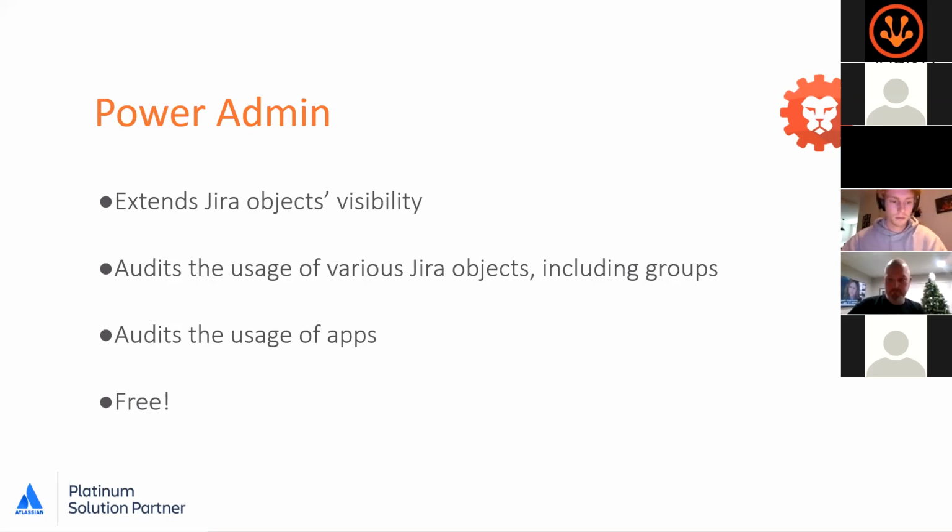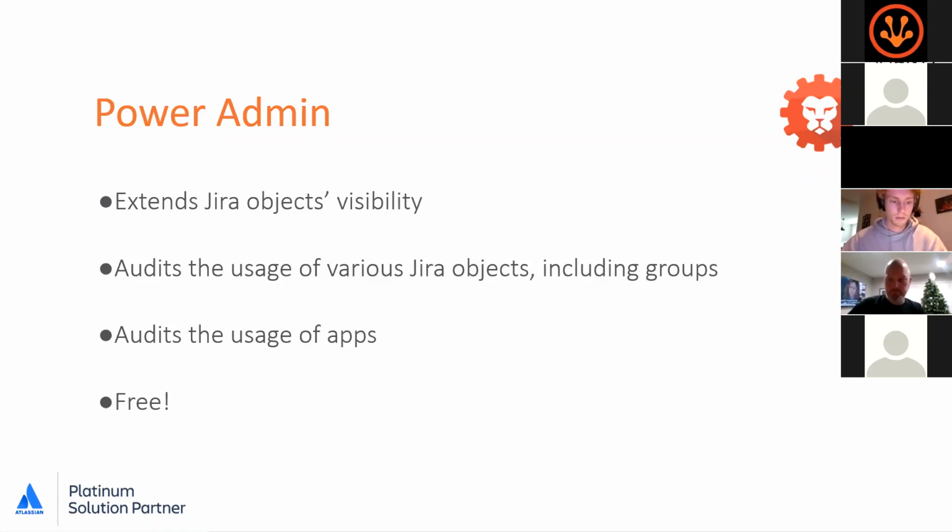It will show us where various workflows are used, where multiple statuses are used, how much a group is used, how much a filter. You get the idea. The point why Power Admin could be useful is that you can safely delete all kinds of objects. If you see that they aren't used, chances are you can safely delete them. You can do this even in the regular Jira UI, but you need a lot of clicking around and it's not very pleasant. So Power Admin helps with all this.